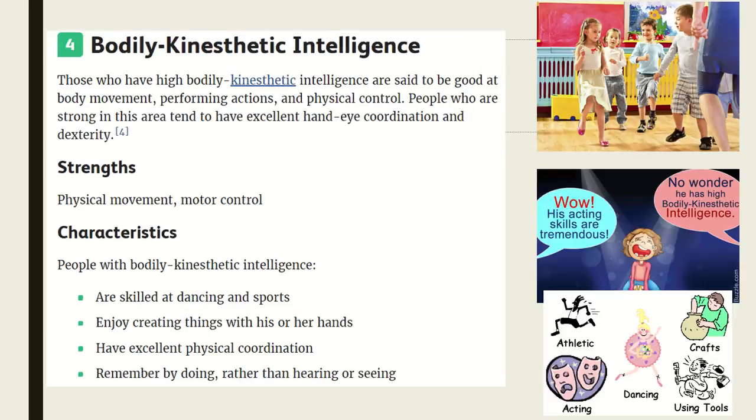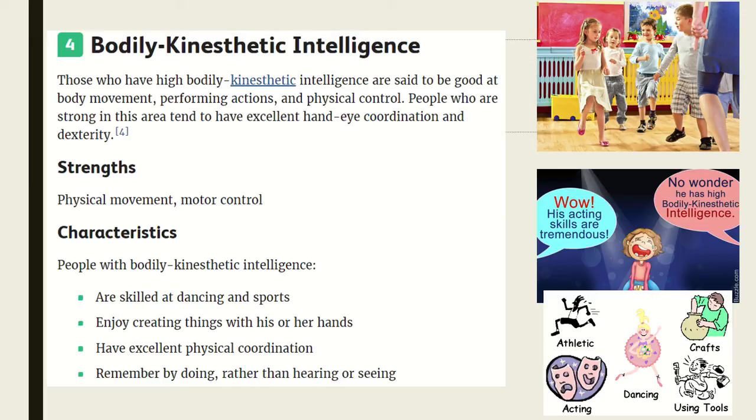For the fourth one, as we reach the halfway point, we look at what is my personal favorite, bodily kinesthetic intelligence. And this works particularly well with younger kids, I think. It's for those who are good at body movement, performing actions, and physical control. People who are strong in this area tend to have excellent hand-eye coordination and dexterity.